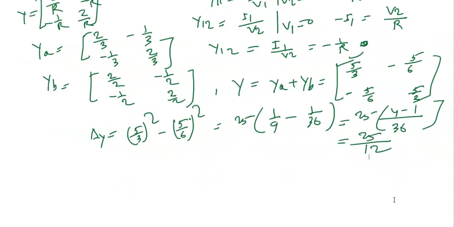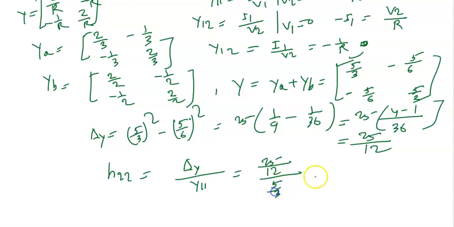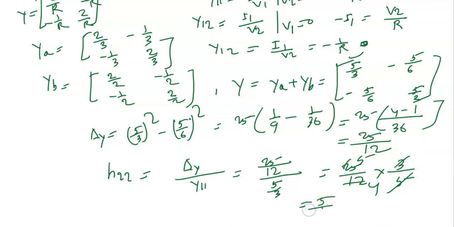Okay, so H22 is del y upon y11, that is 25 upon 12 upon 5 upon 3, that is 25 upon 12 into 3 upon 5, which is 5 by 4, that is 1.25.